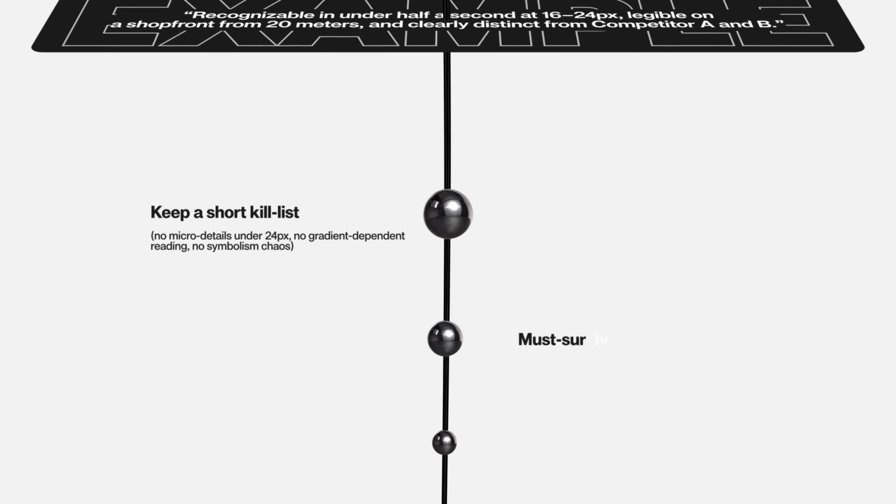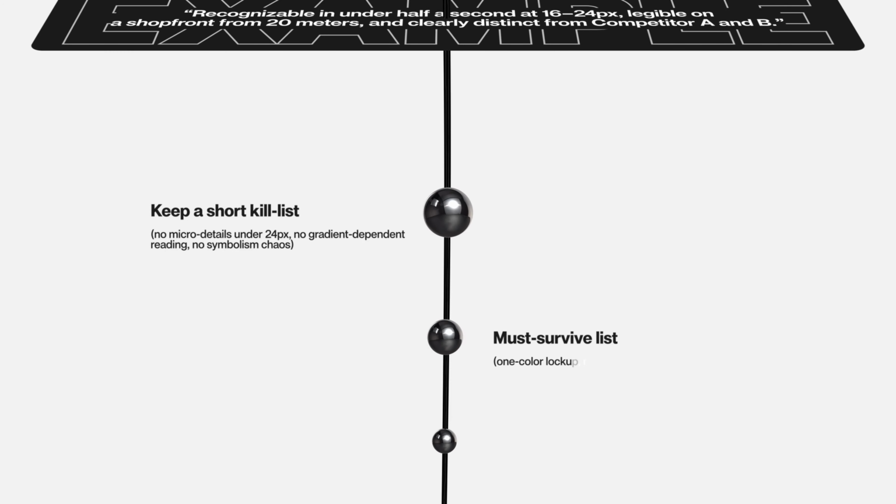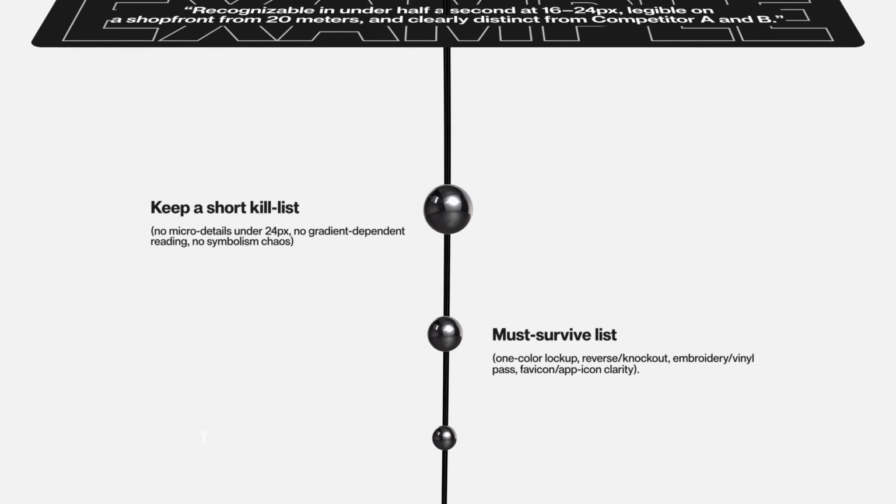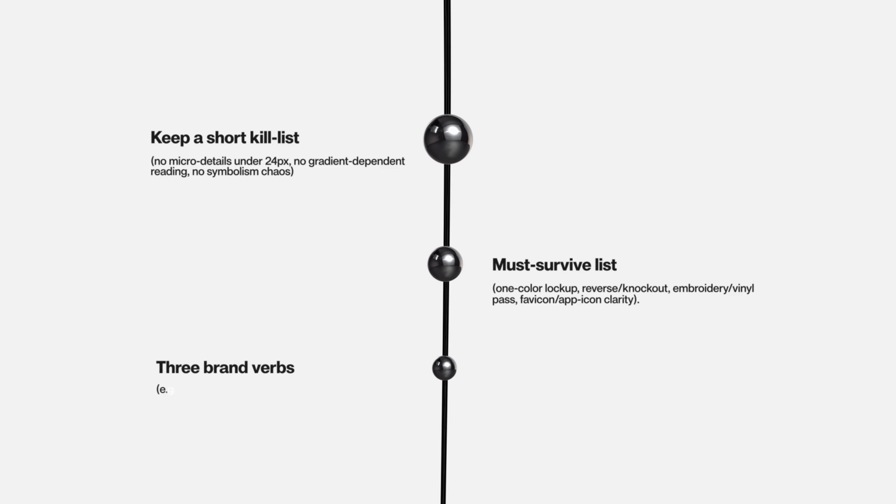And also a must survive list, so one color lockup, a reverse knockout, embroidery, vinyl pass, and favicon app icon clarity. And then also add 3 brand verbs, so assure, spark, and guide. And this is to steer the logo concept in the right direction.